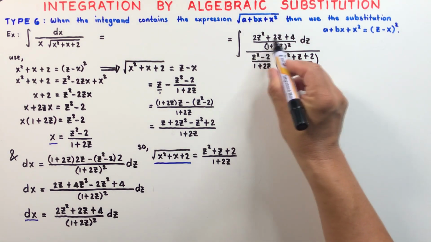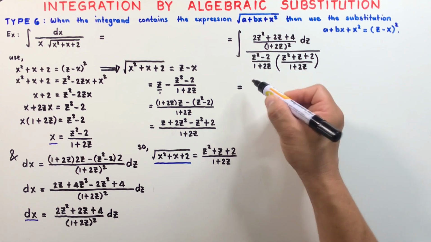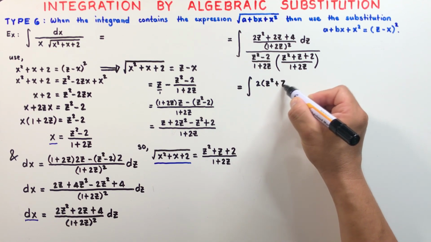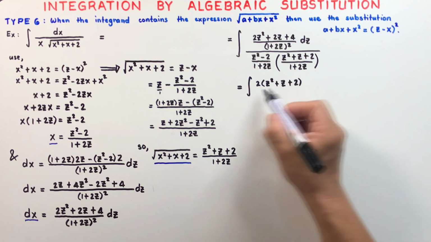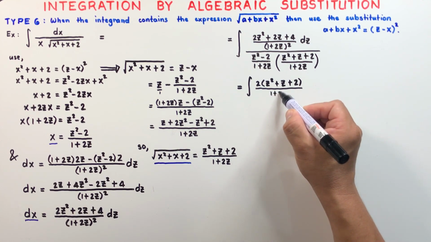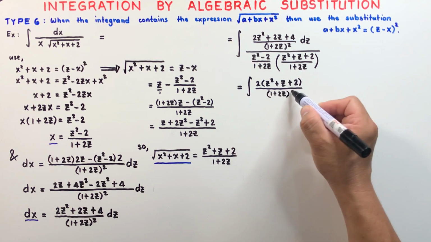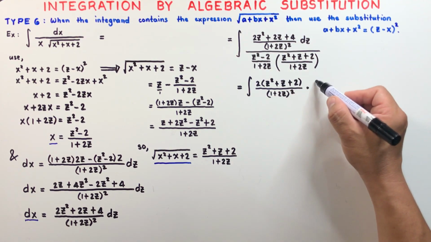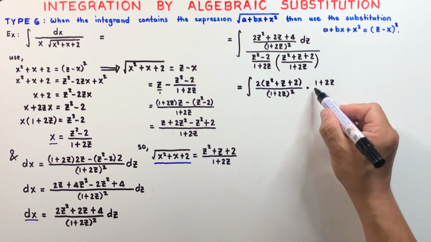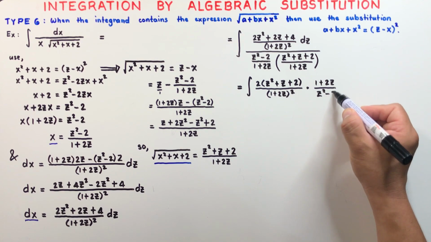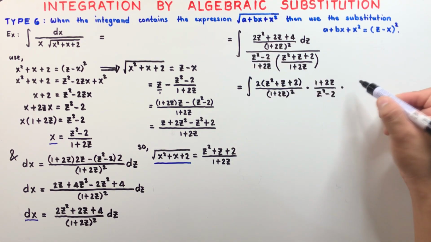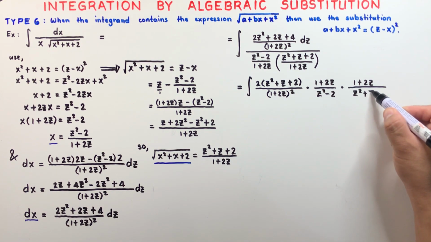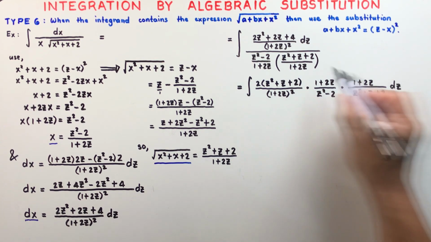And factoring the common factor for this trinomial here, we have the integral of 2 times z squared plus z plus 2. And this is divided by the square of 1 plus 2z. So multiplying this fractional numerator by the reciprocal of our denominator, which is 1 plus 2z over z squared minus 2 from this factor here times 1 plus 2z over z squared plus z plus 2 from this factor here.